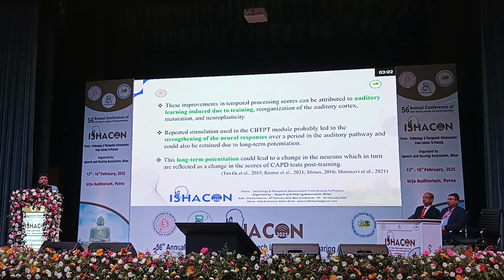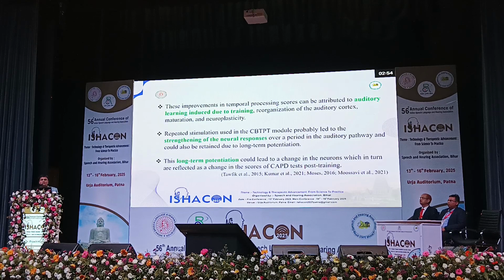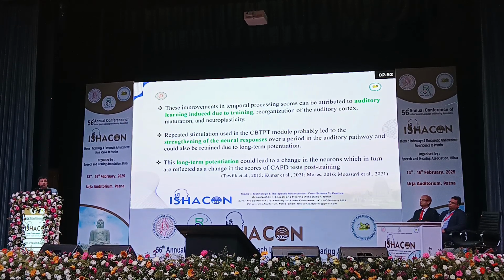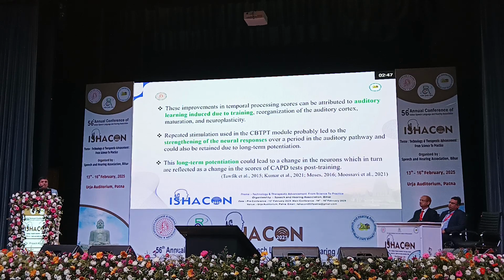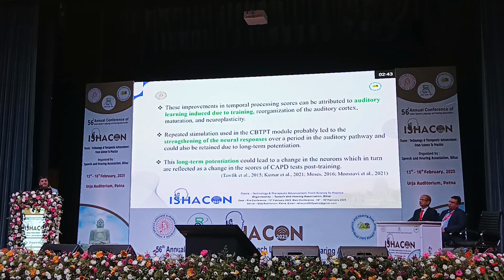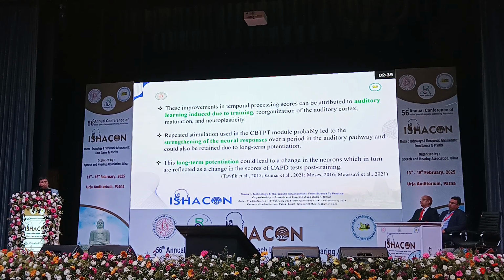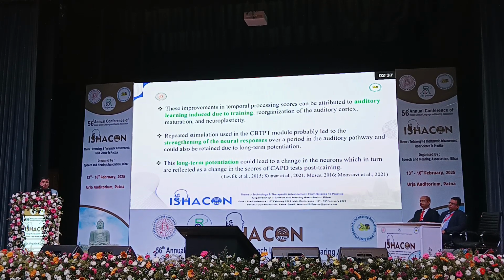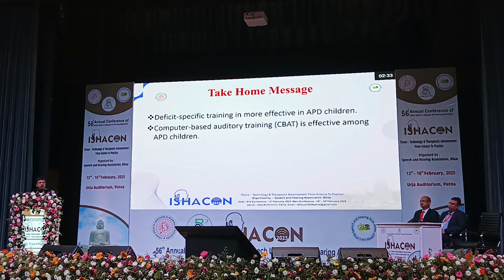Probably there is a reorganization of the auditory cortex, maturation and neuroplasticity. The repeated stimulation used in this computer-based temporal processing training module probably led to a strengthening of the neural responses over a period in the auditory pathway, and could also be retained due to long-term potentiation. And this long-term potentiation could lead to change in the neurons, which in turn is reflected as a change in the score of the CAPD test post-training.